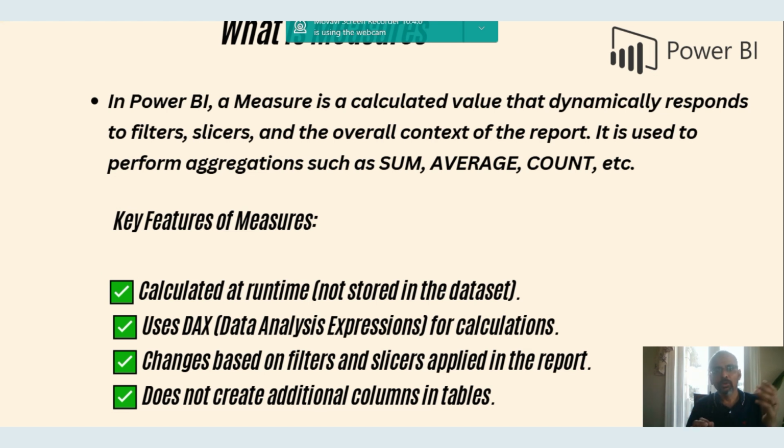When you add a column, it will add up the space also. At the end of the day, we want the final number, right? For that, we are creating an entire column. Because of that, there will be more space taken by the data set, which reduces the processing time. So measures solve that particular problem.